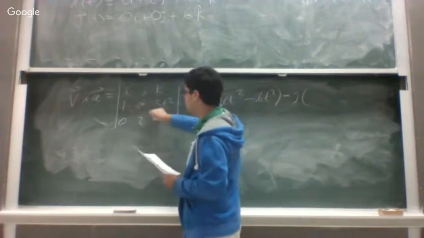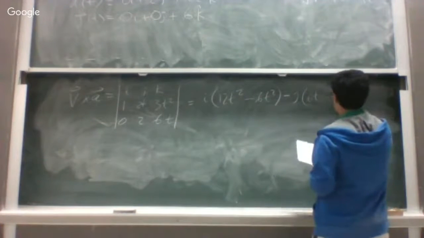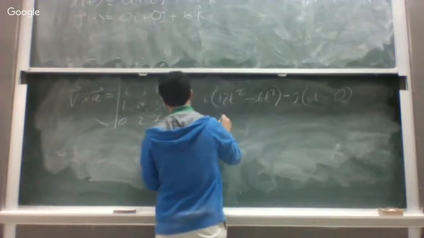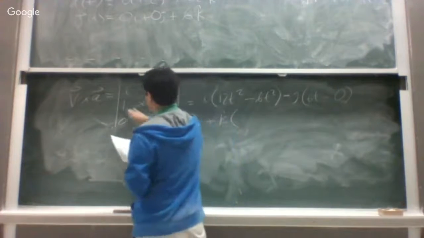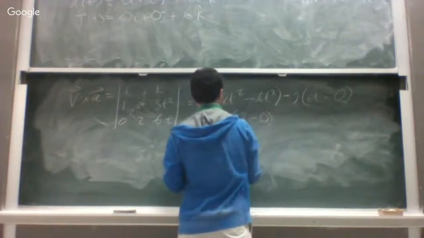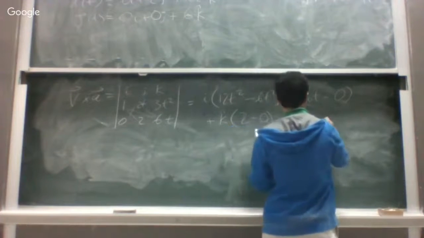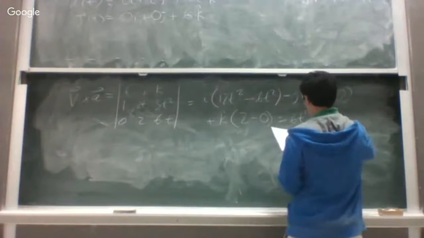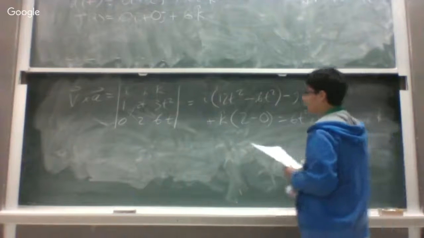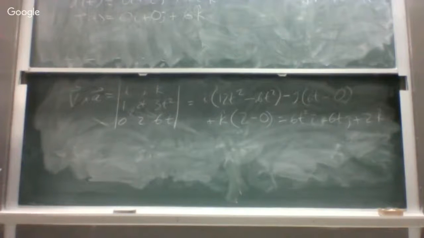Then you do 1 times 6t minus 0 times 3t squared, minus 0, plus k, which is 1 times 2 minus 0 times 2t. So it's 2 minus 0. In this case, we end up with 6t squared i minus 6tj plus 2k. Does that make sense? You all remember how to do matrices?